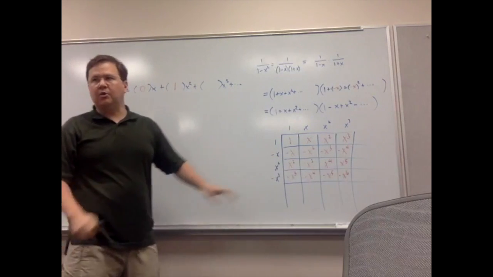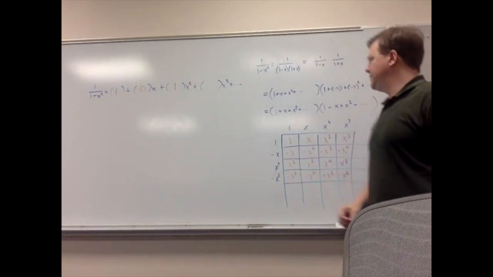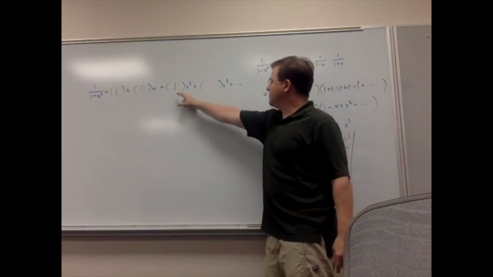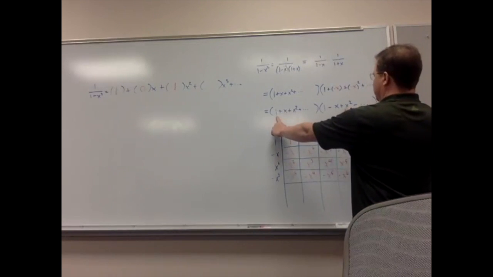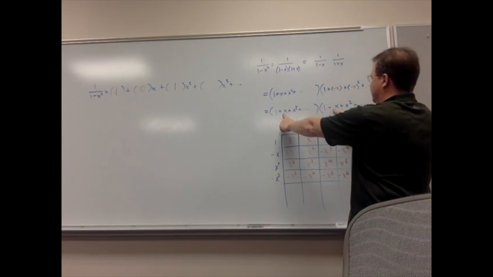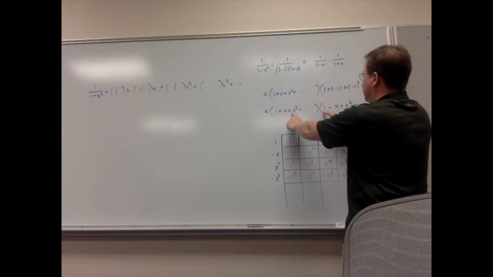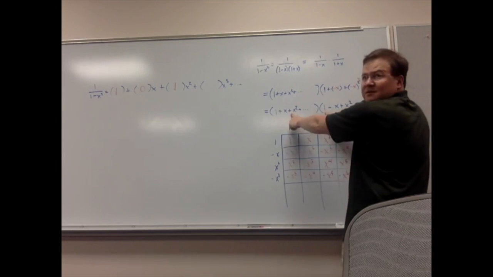But the big takeaway is that this is exactly what the formula in the book is telling you. Where did that 1 come from? It came from taking this product, 1 times 1, plus this product, 1 times negative 1, plus this product, 1 times 1.